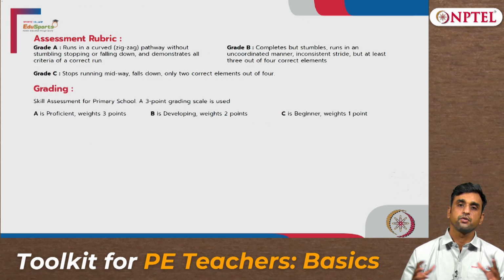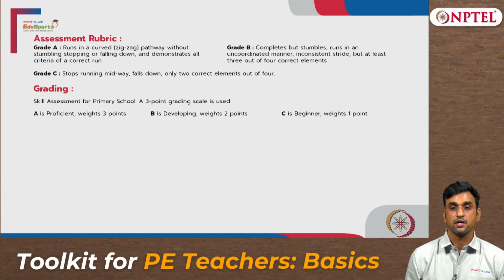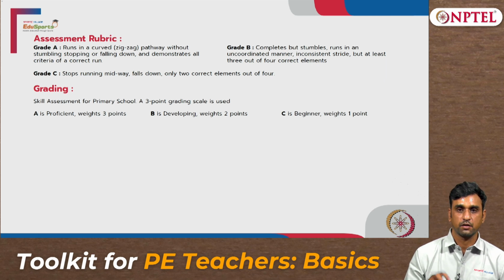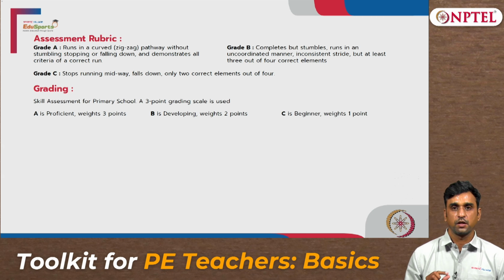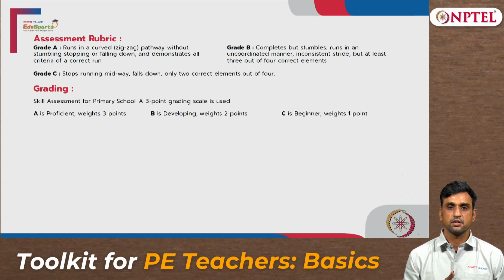Then how would you grade based on this rubric? A student who runs in a curved zigzag pathway without stumbling, stopping, falling down or hesitating, and demonstrates all criteria of a correct run, which are the four criteria, will get a grade A. This needs to be very transparent, and both the student and the teacher need to be on the same page about what meeting the criteria means.